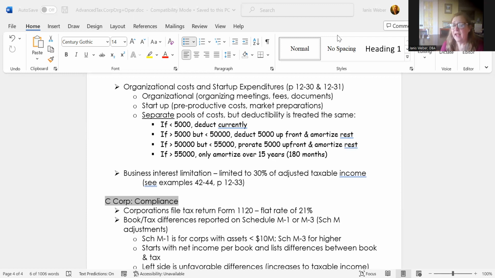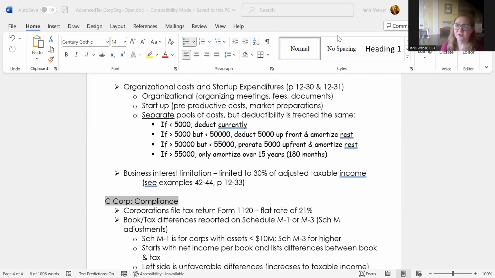If you're in this strange little window of cost between $50,000 and $55,000, then you would lose dollar for dollar some of that $5,000 first-year quick deduction, for each dollar of total organizational cost or total startup cost that exceeded $50,000. It sounds complicated, but it very seldom actually applies, and when it does, it's pretty straightforward.